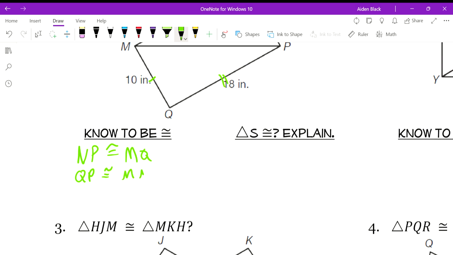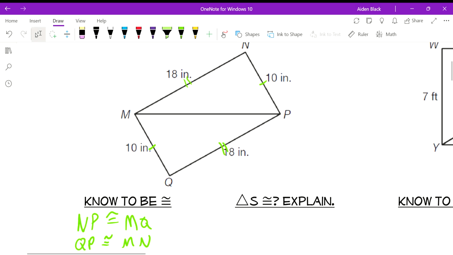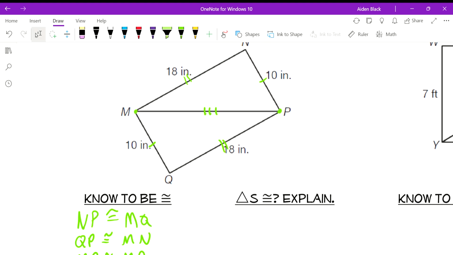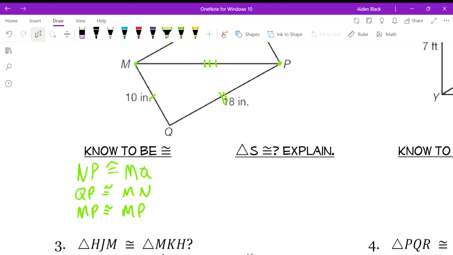And then lastly, you'll notice that we have a shared side here. MP is congruent to MP. MP has to be congruent to MP. It's the same thing. That's a reflexive property.